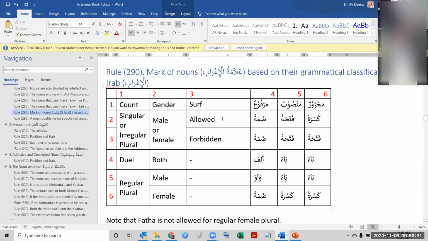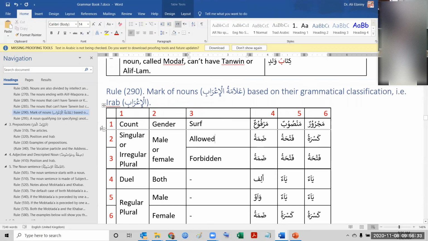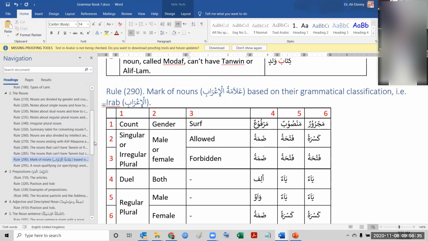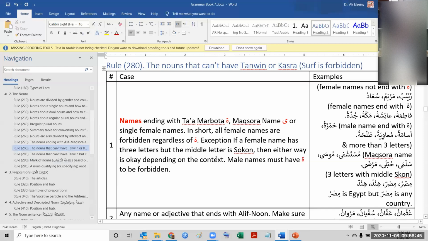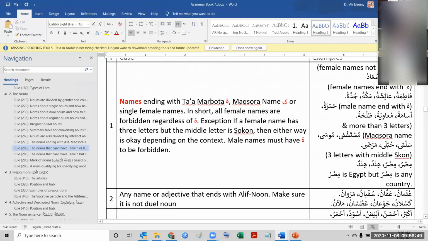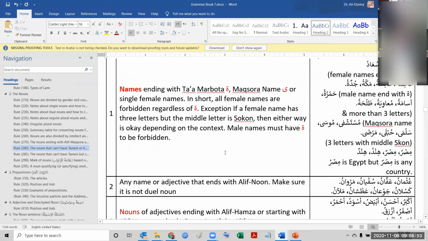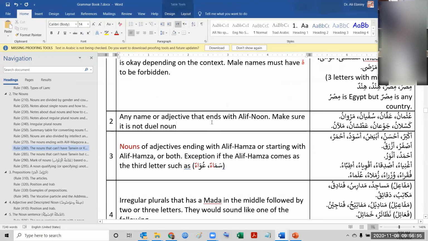Why is sarf allowed? Because if I go to the rules of sarf and walk through it, hizam doesn't end with ta marbuta, and it's not a female. Hizam does not end with alif noon.